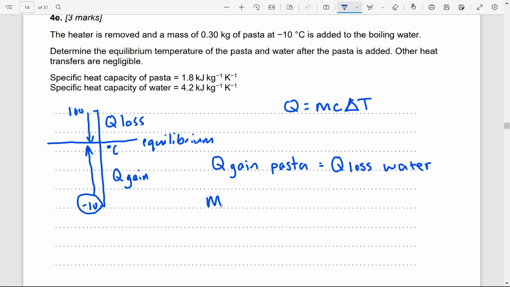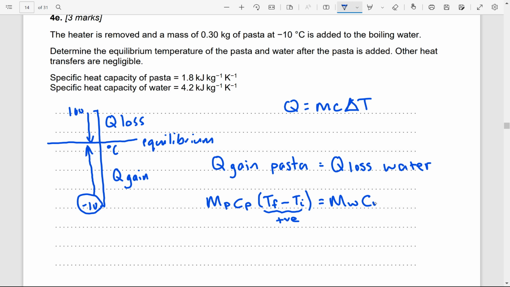I'll use delta T. So we've got mass of pasta, c of pasta, specific heat capacity, change in temperature of pasta. So we've got the final temperature minus the initial temperature. Because we've got a gain in temperature, we want this number to be positive. So we've got the big number minus the small number.